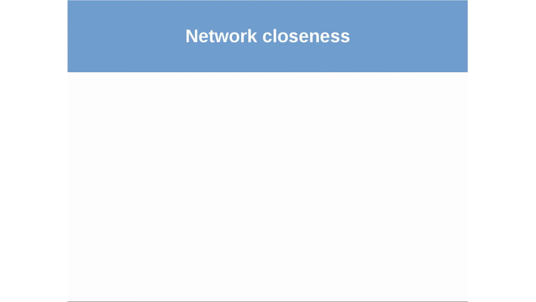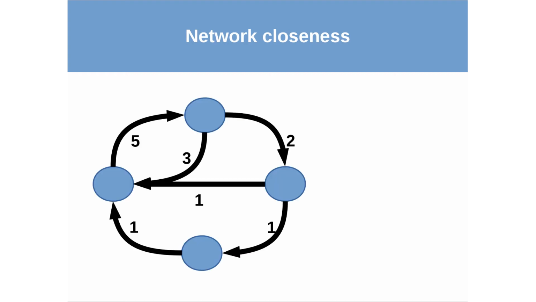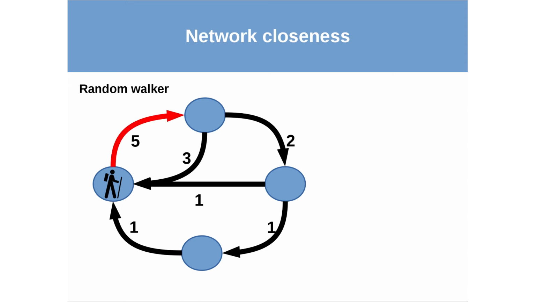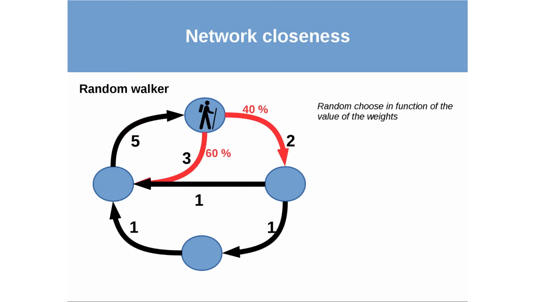Before defining this notion of closeness, we introduce via an example what is known as a random walker. Consider this network. One can verify that the properties introduced before are respected. Now consider that a random walker is placed on a node. In this first step, there is only one edge available, hence he follows it. At the second step, 2 edges are available in front of him.